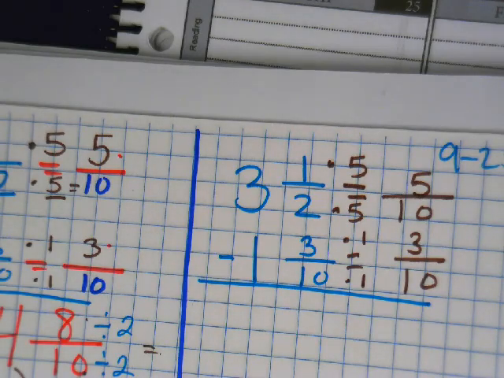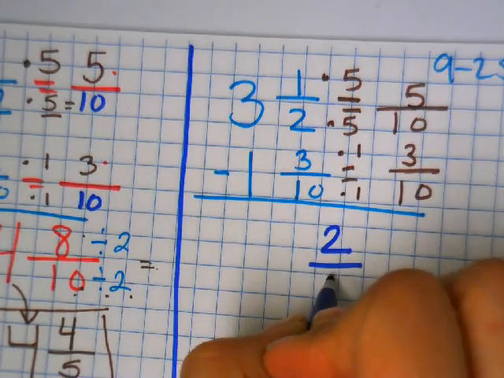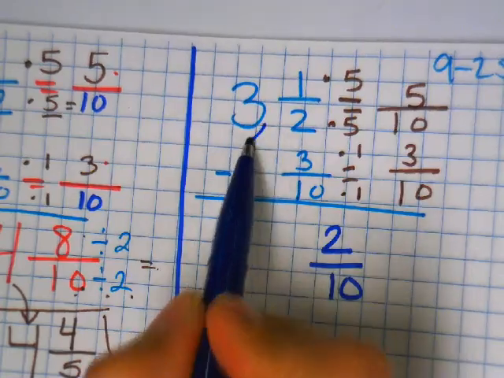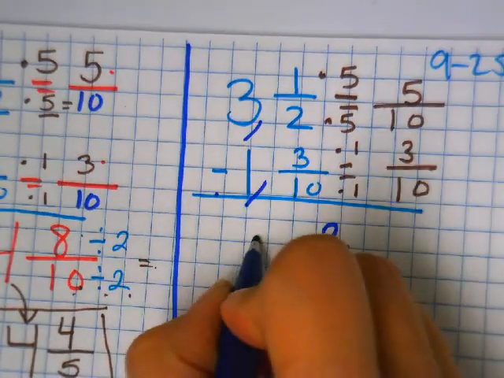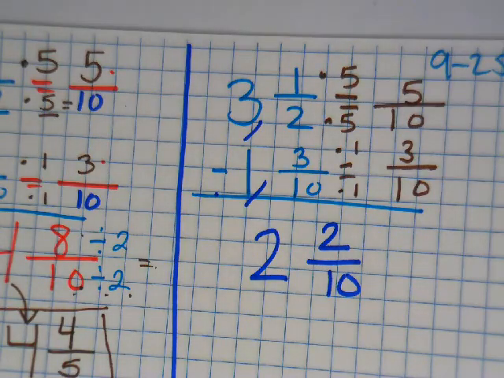So what's 5 minus 3? 2 over 10. And then what's 3 minus 1? 2. So you check your fraction. You can simplify. What number can I simplify by? 2. I can simplify by 2.